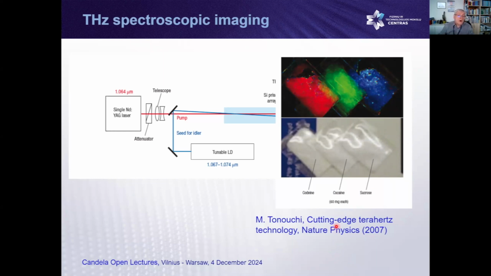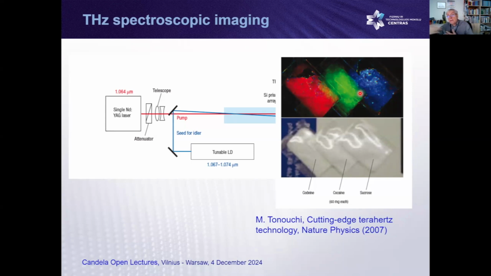And here is codeine, cocaine, and sucrose, different. If we measure at different frequencies, you can see different shadows. And if we know a priori which kind of materials has specific absorption, we can say that this material can be dangerous or can be potentially identified if we know the spectrum initially.